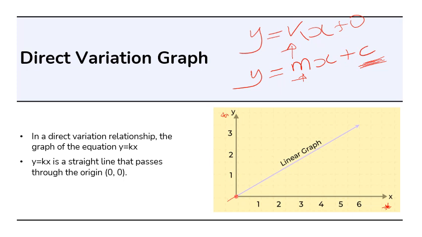So when your straight line on a Cartesian plane passes through 0, the origin, it means that the relationship is a direct variation. I hope this makes some sense. It will make more sense when we look at an example.